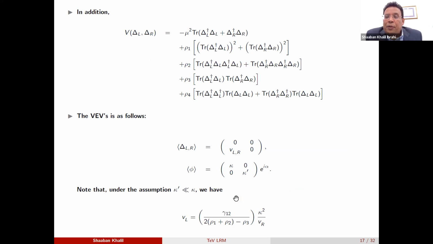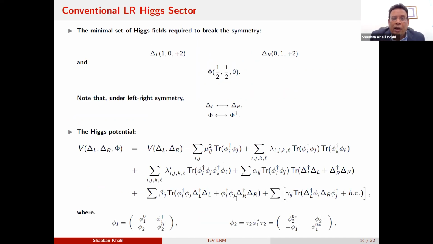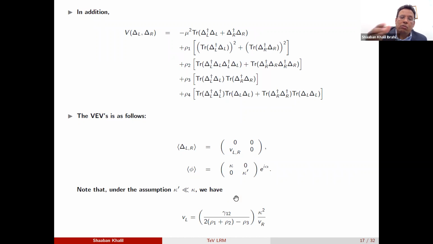And as I told you, you generate the vacuum expectation value by the adjoint, not by the doublets. This is a completely different scenario for breaking the symmetry than the mechanism we used in the standard model. So anyway, this delta is similar to the bi-doublet.